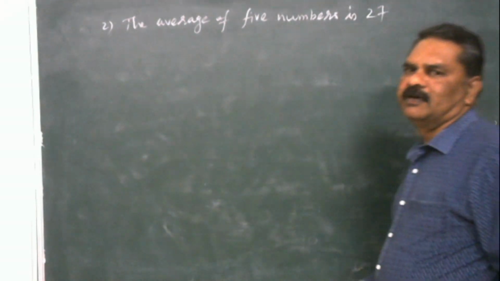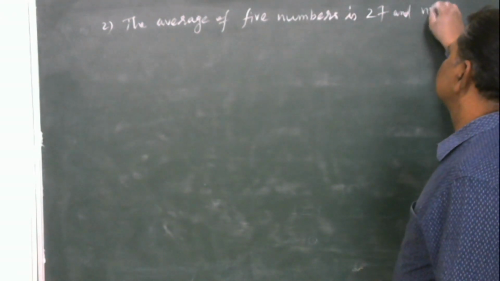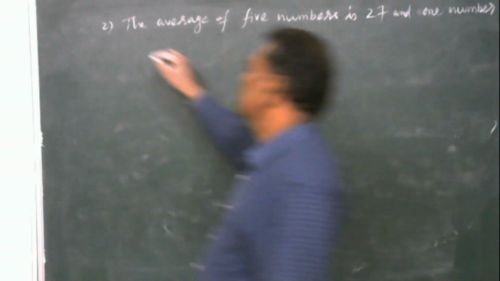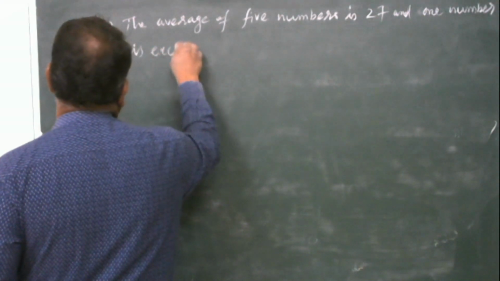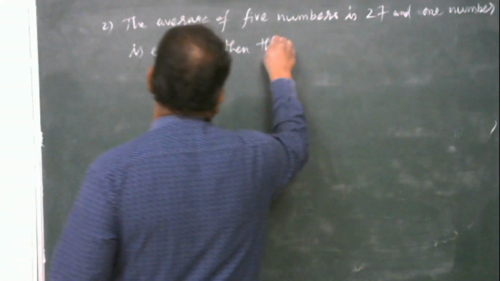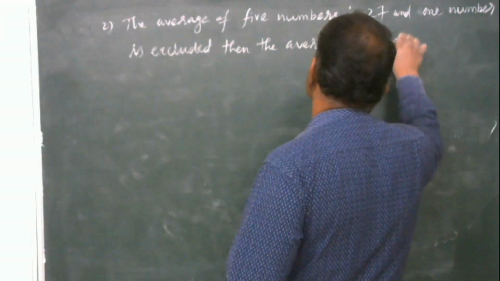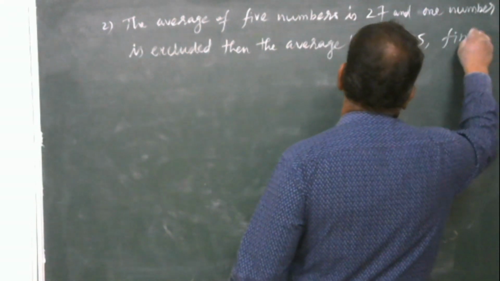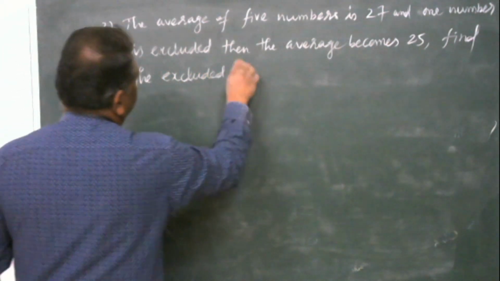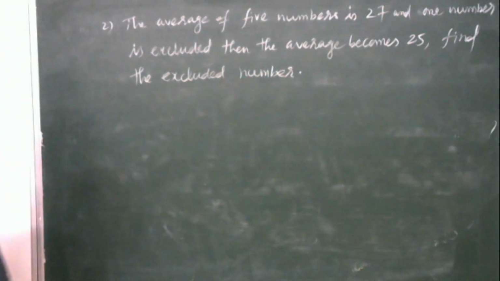The average of 5 numbers is 27 and one number is excluded, then the average becomes 25. Find the excluded number.